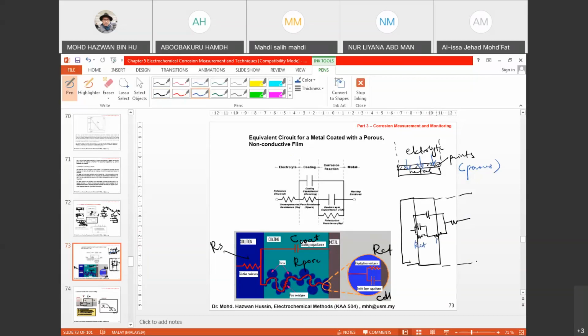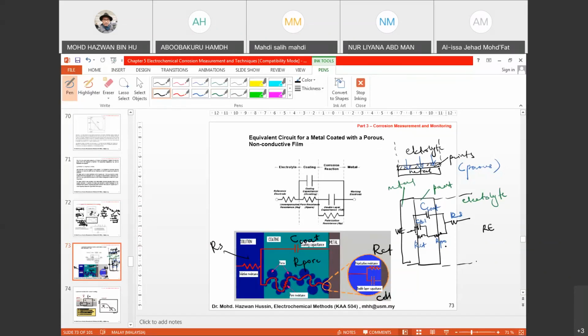RCT, RPO, CDL, CC, and RS. The electrolyte is here, and this is the metal. So it's actually the interface between your working electrode and your reference electrode.